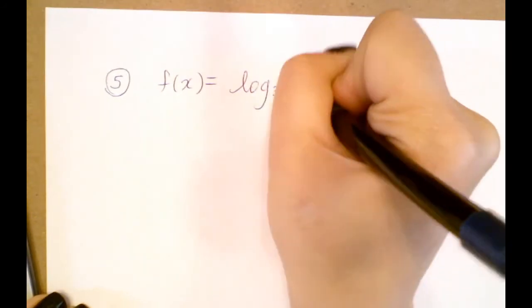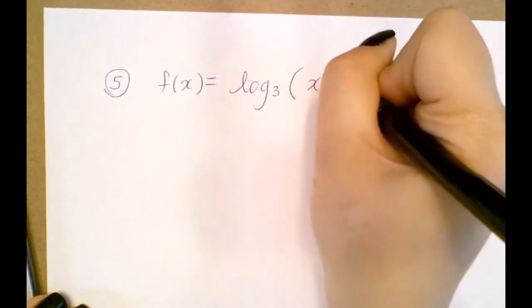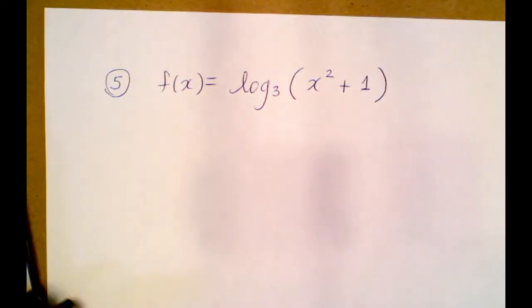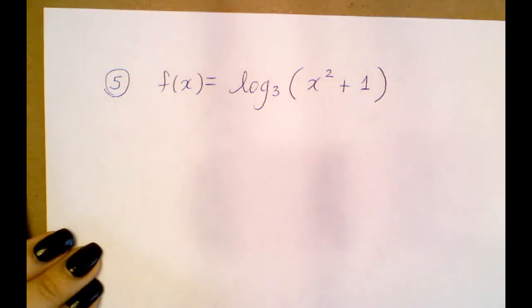Let's make it y or f of x equals log base 3, but this time the argument is not just x, but x squared plus 1. I'll do the change base formula for this, but you can still use theorem 13. You just have to remember to use the chain rule.